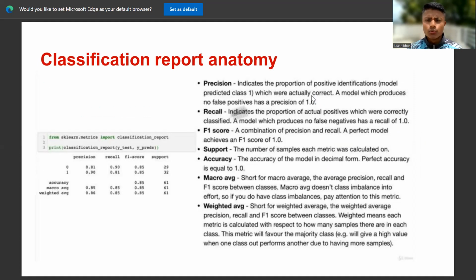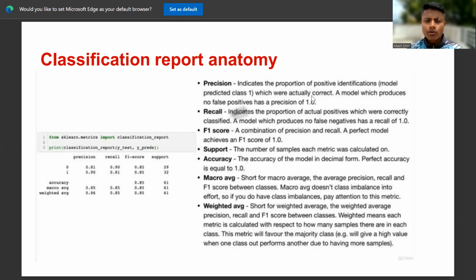A model which produces no false negatives has a recall of 1.0. F1 score is a combination of precision and recall. A perfect model achieves an F1 score of 1.0. Support is the number of samples each metric was calculated on.